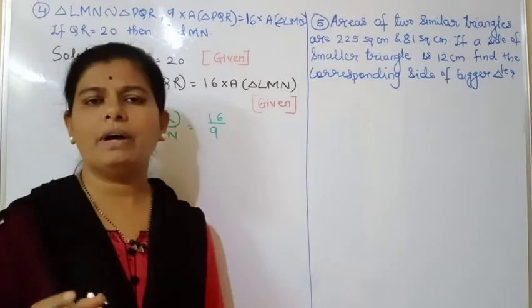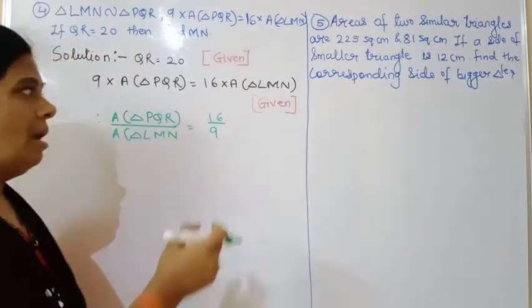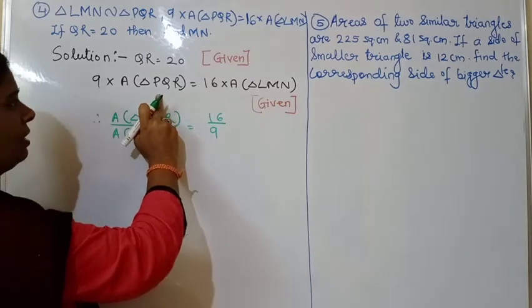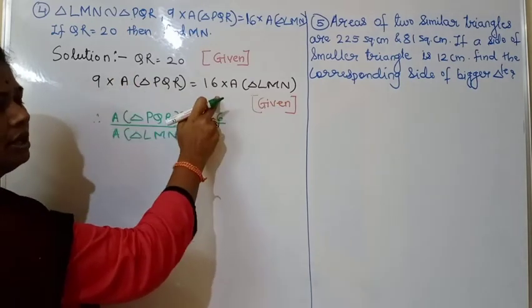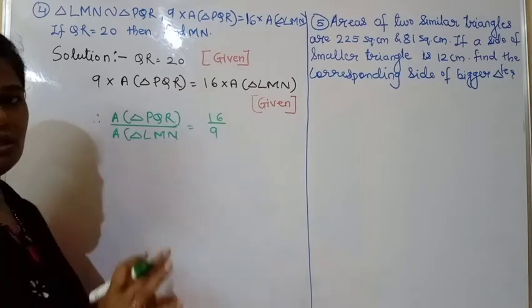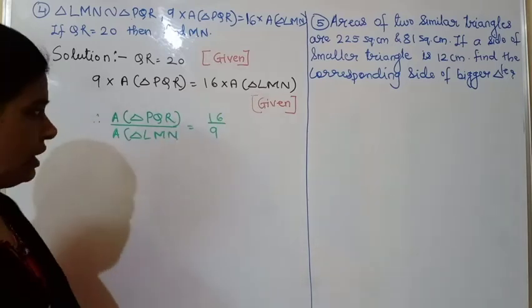Okay, so there will be a cross multiplication pattern. Here the LMN comes to the denominator of PQR, and the 9 comes to the denominator on this side, that is the 16 upon 9. Okay, so in this way there will be a cross multiplication pattern.